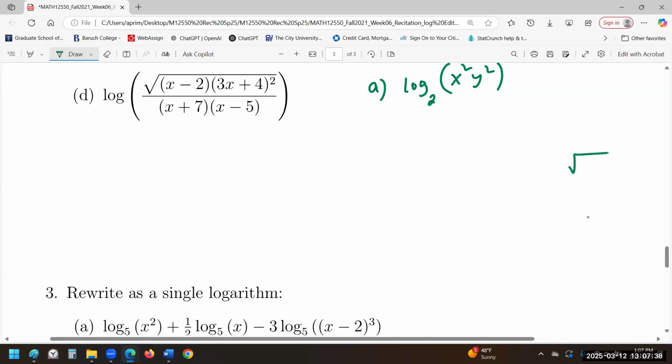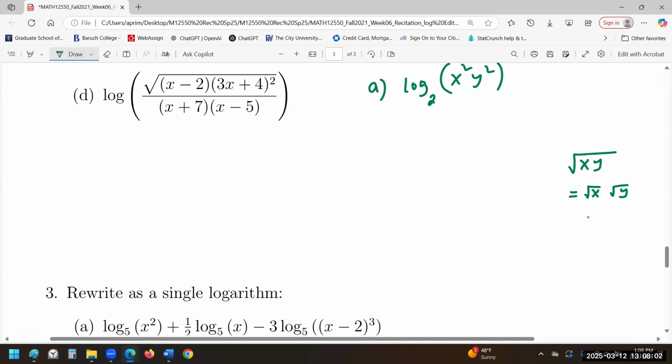Okay, if you have square root of, let's say, xy, can you do something about this? Can you rewrite this? Can you split your square root and rewrite this as square root of x, square root of y? Are we allowed to do that? Do you remember from your exponent rules?